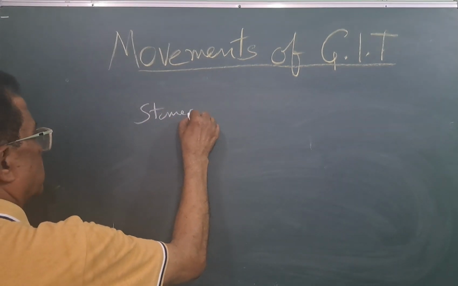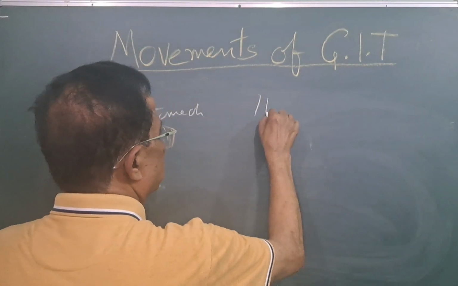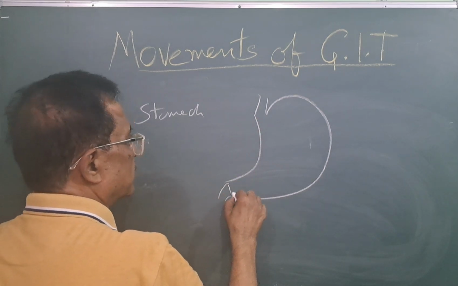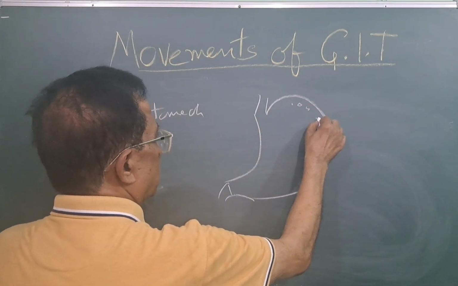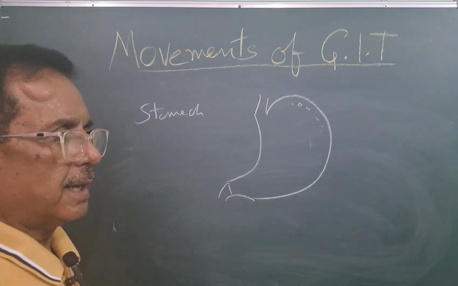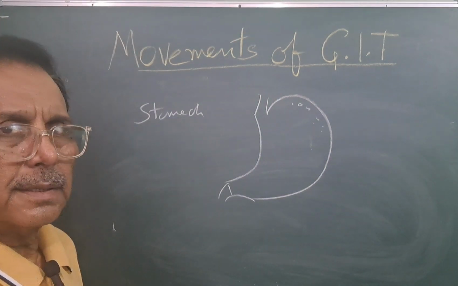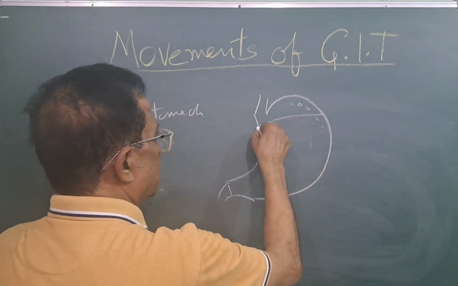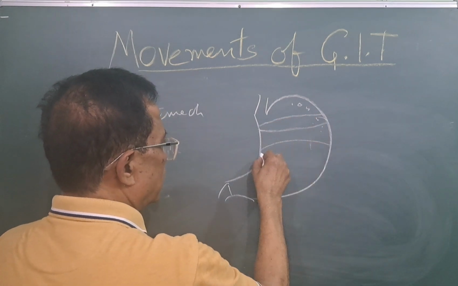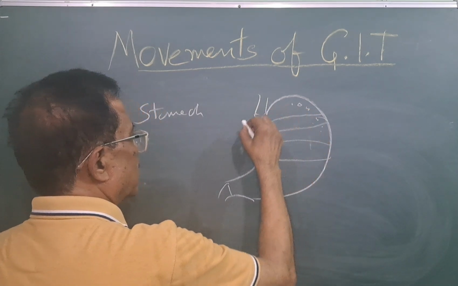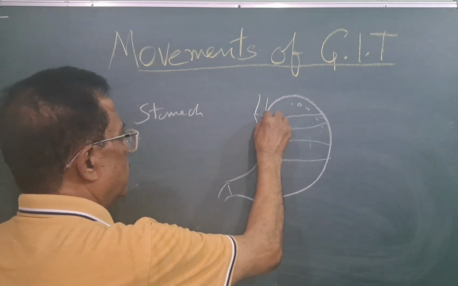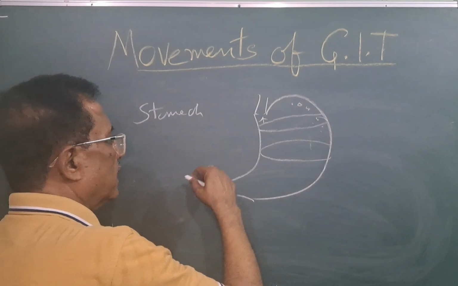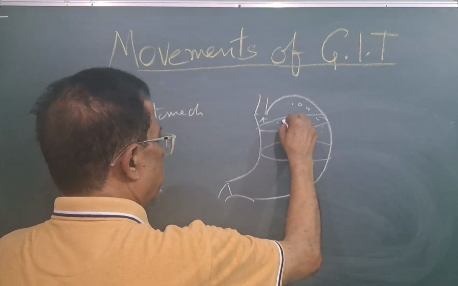At the fundus, interstitial cells of Cajal are present that initiate impulses, and these impulses cause contraction of this portion and contraction of this portion. There is a sphincter that prevents food material from entering into the esophagus.